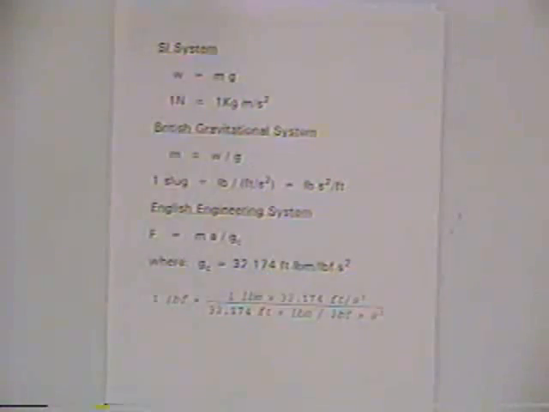And the British gravitational system, if we rearrange the equation a bit and say mass is weight divided by the acceleration constant, a slug is a pound second squared per foot. And then in the English engineering system, we use a conversion constant, 32.174, to convert between pounds mass and pounds force.